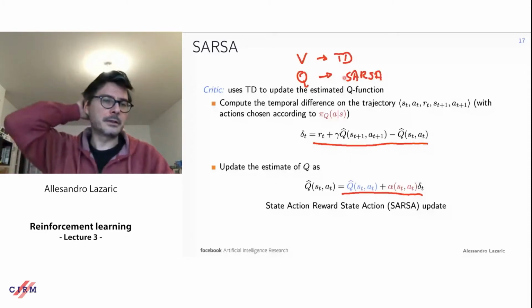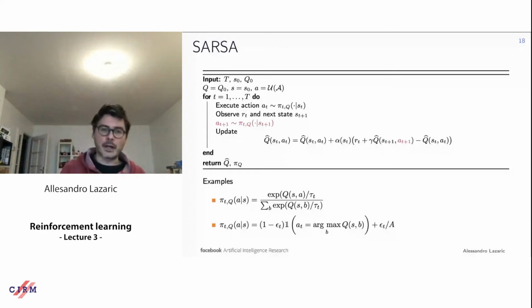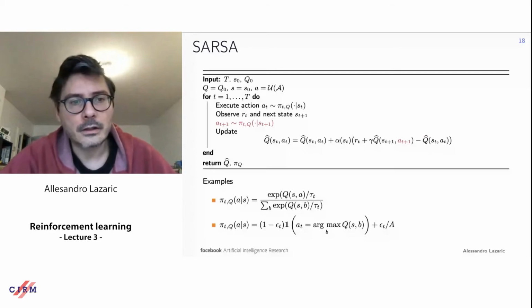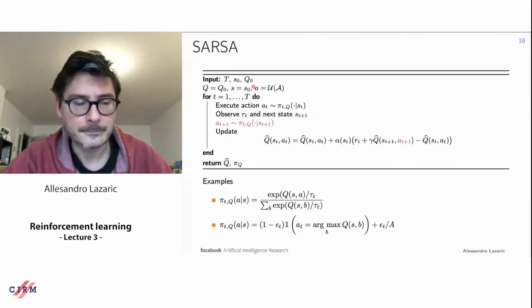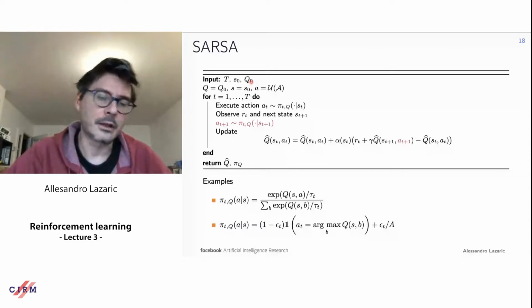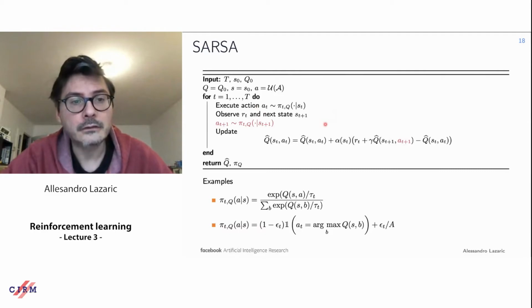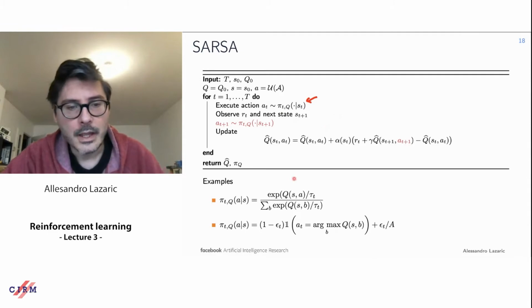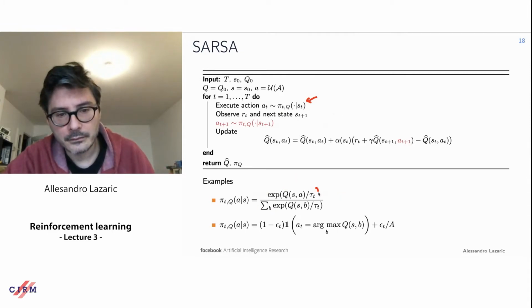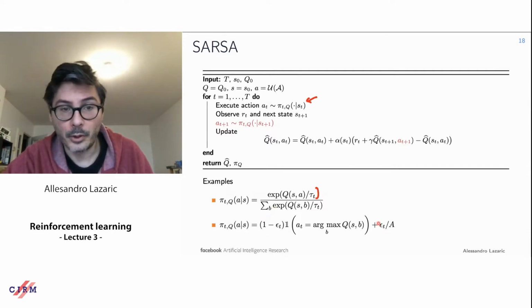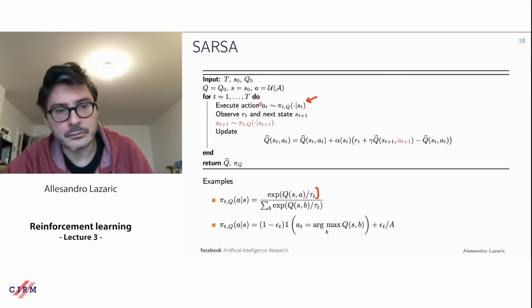So now let's look a little bit at what the algorithm looks like when we put all these ingredients together. The algorithm looks like this. It says, initialize your action value function to something, and then over steps, over trajectories, and so on and so forth, what you can do is to execute the action prescribed by this actor, and the actor can be formalized through softmax or this epsilon greedy policy that prescribes which action to take.